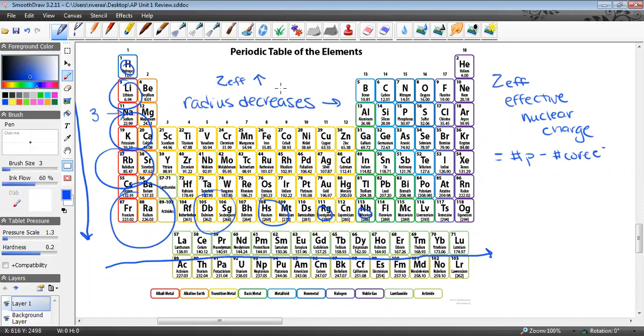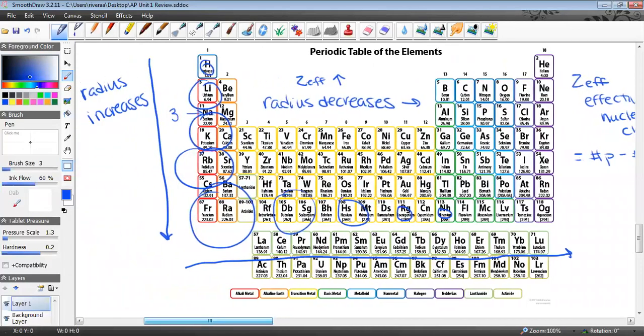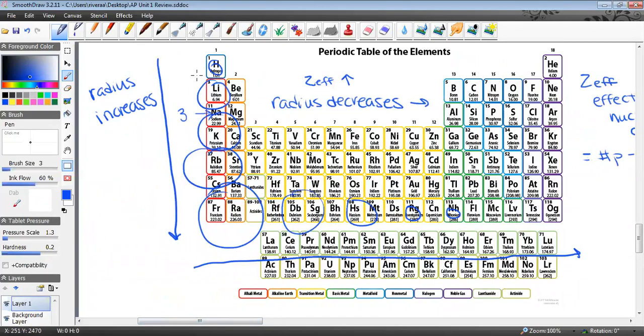With that increase in the effective nuclear charge, you get that pull of those outermost electrons in tighter. When you go down a group, because of the shielding effect of all of those layers of electrons, Z effective is constant. It stays the same when you go down a group. And so those additional protons going down a group do not increase the pull, and those layers of electrons can get bigger and bigger.